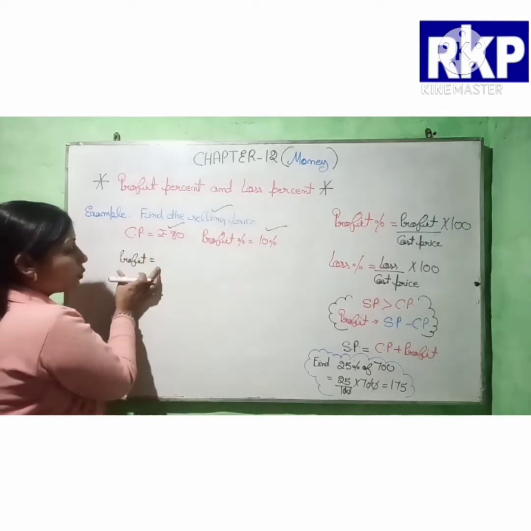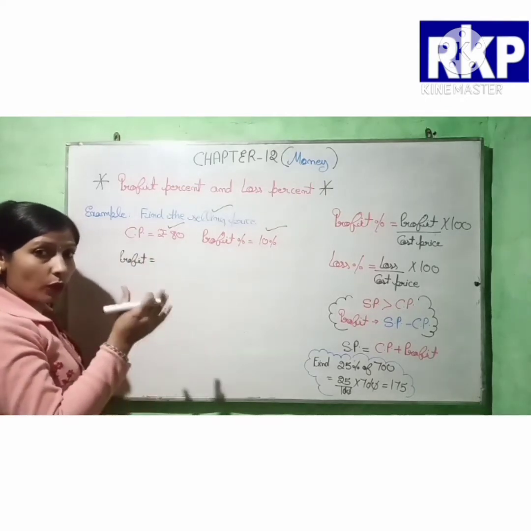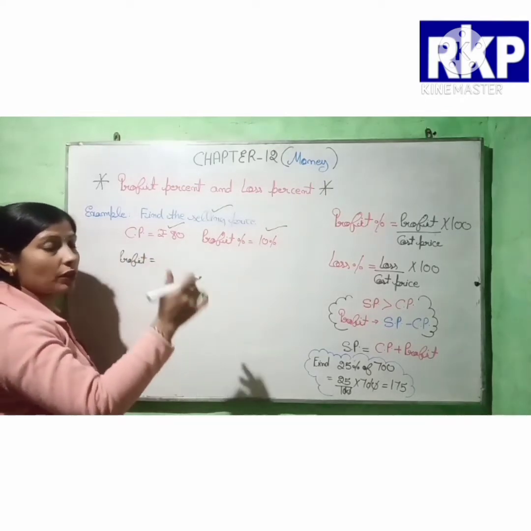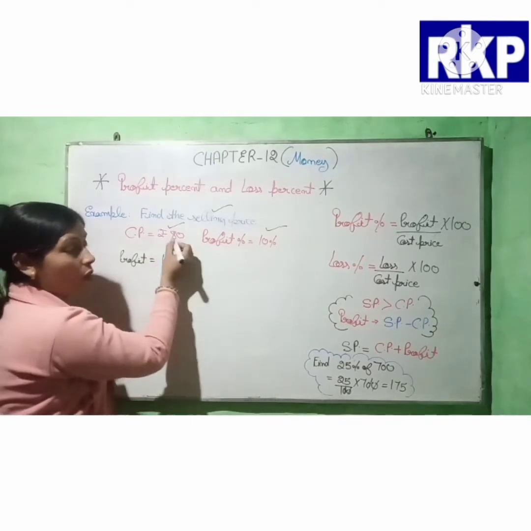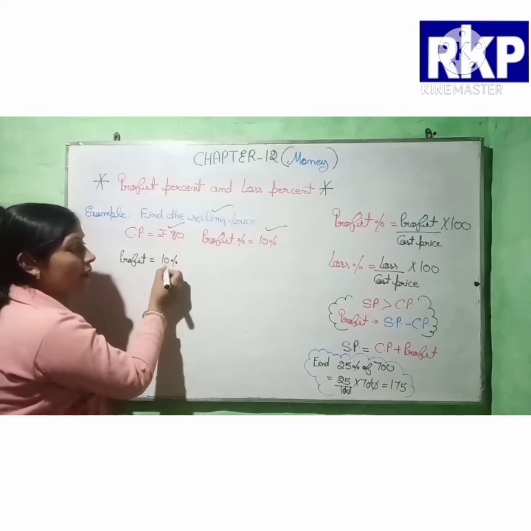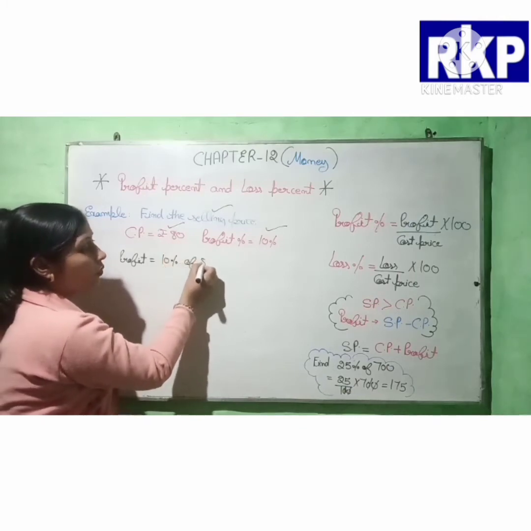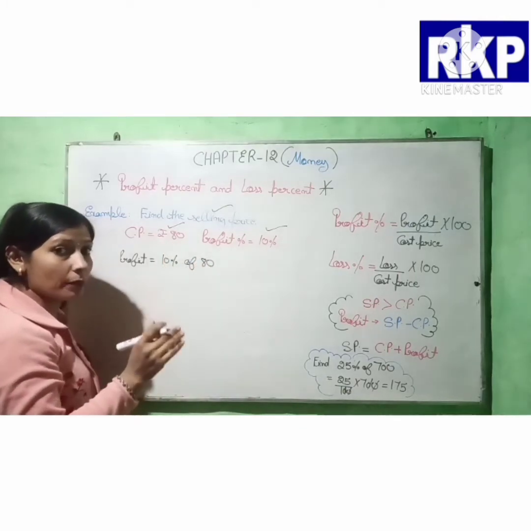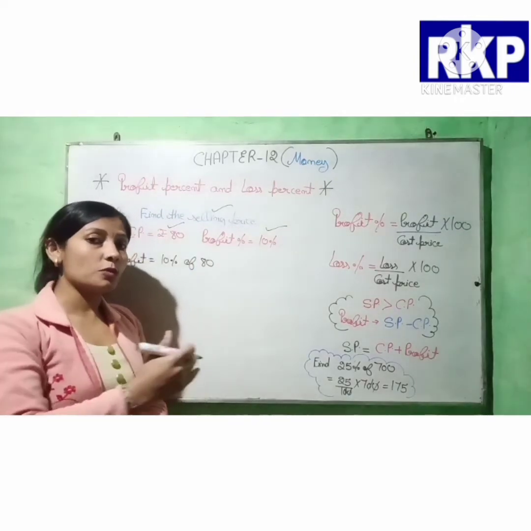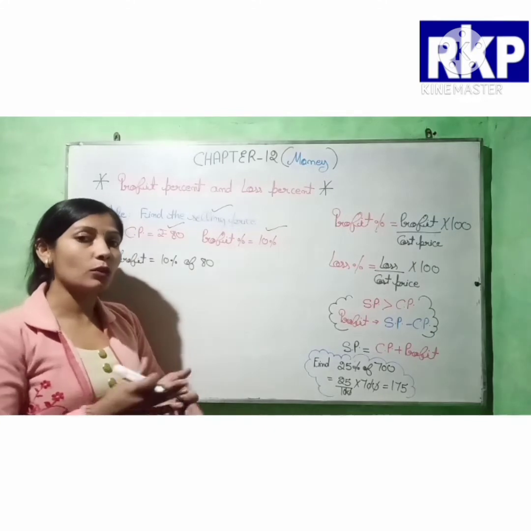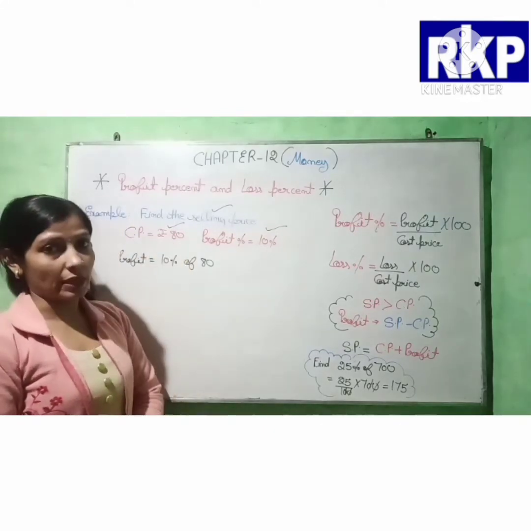How can we find out profit? Yes, profit will be 10% of 80 rupees. 10% of 80. Why? Because profit percent or loss percent is always calculated on cost price.